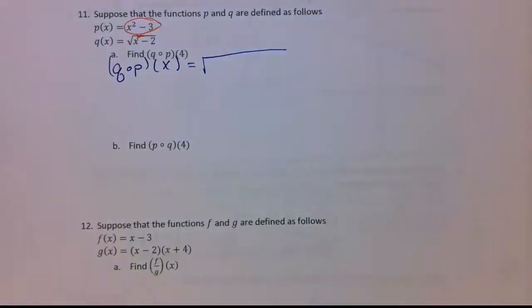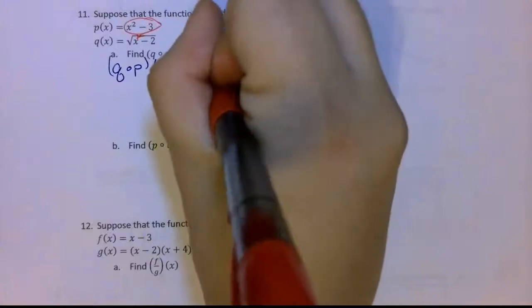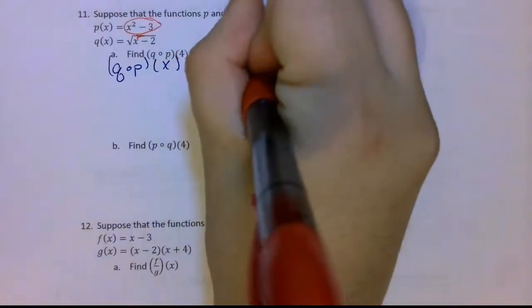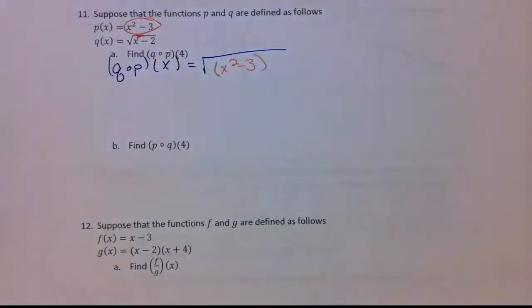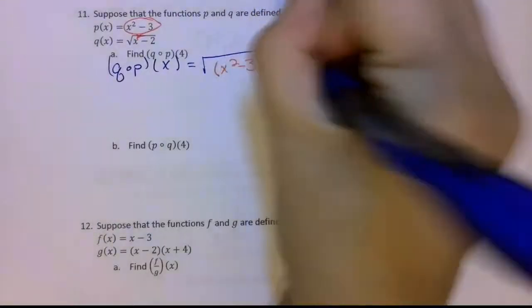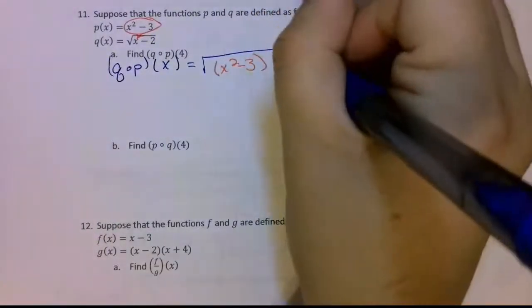I have square root of, and then I'm plugging in x squared minus 3 minus 2. I want to rewrite that. It's just the square root of x squared minus 5.